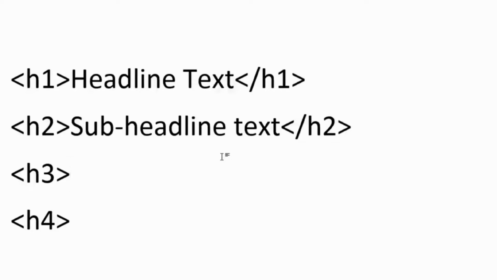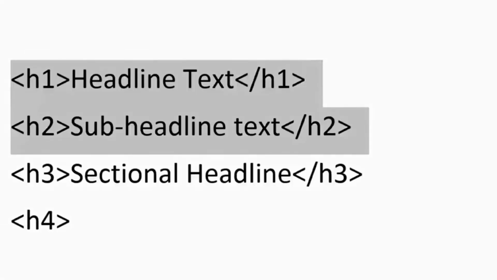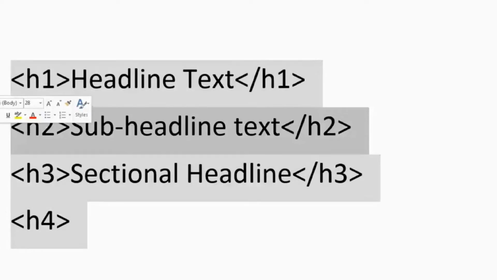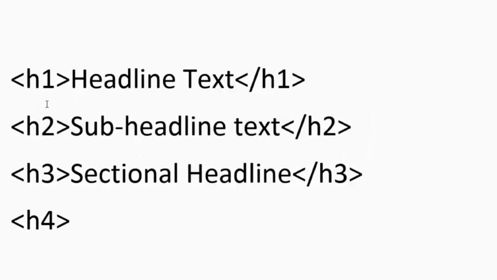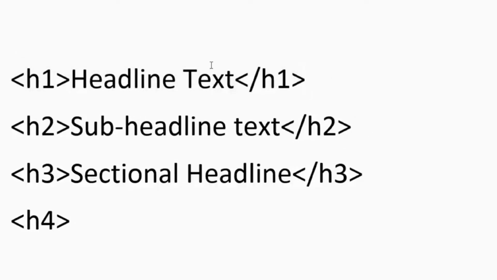And this could be something like a sectional headline, and we close it off with H3. So as the number gets bigger, the heading gets smaller, but it's still a headline. Now, when Google comes along, for example, and reads these headlines, they say, okay, this is a headline. This is a headline. This might not be as important as this headline. We don't know exactly, but that's what we've seen.